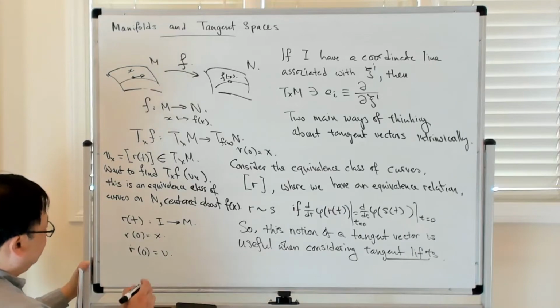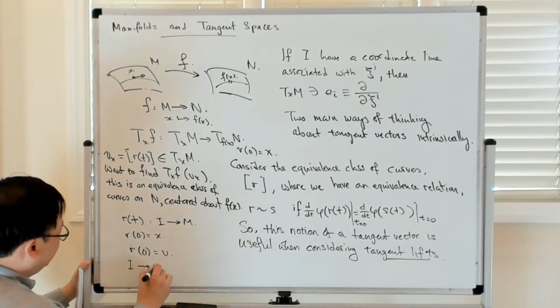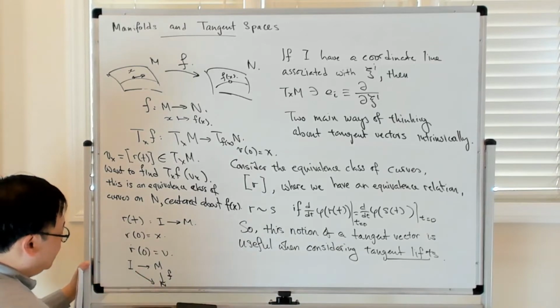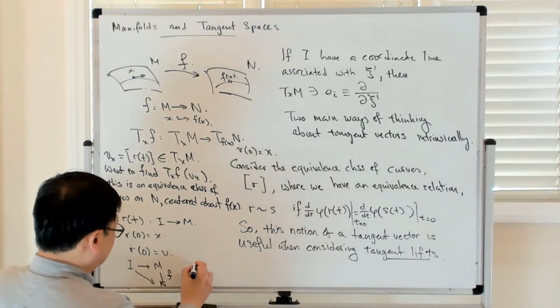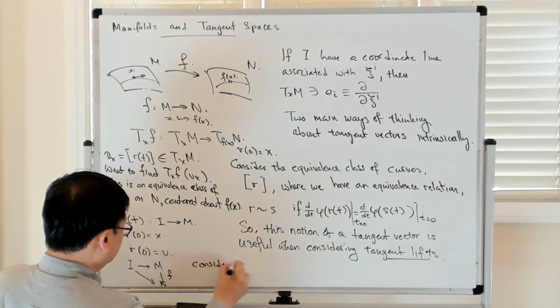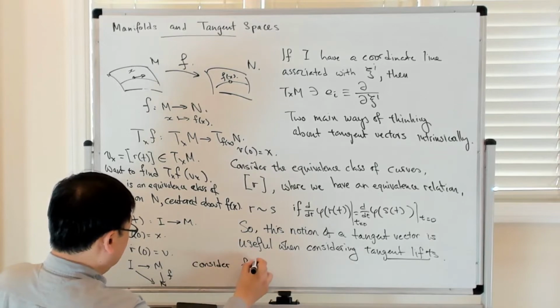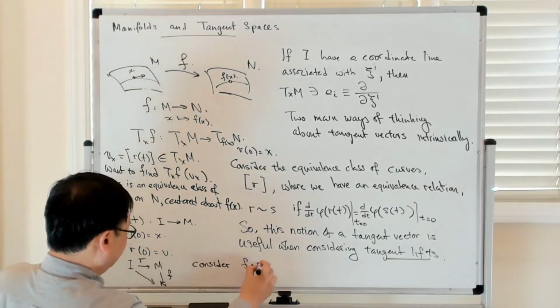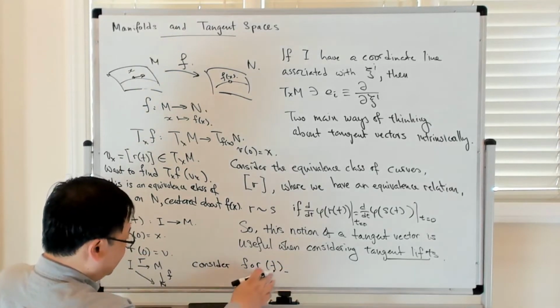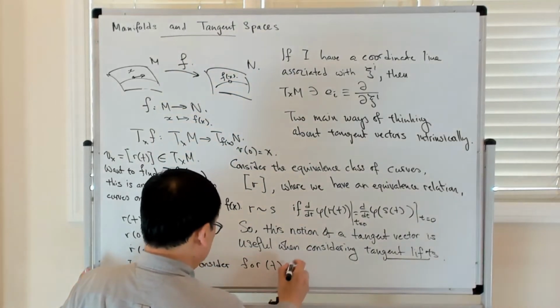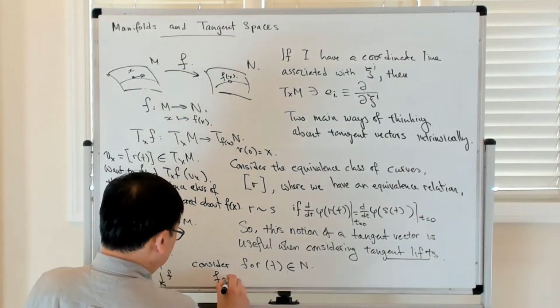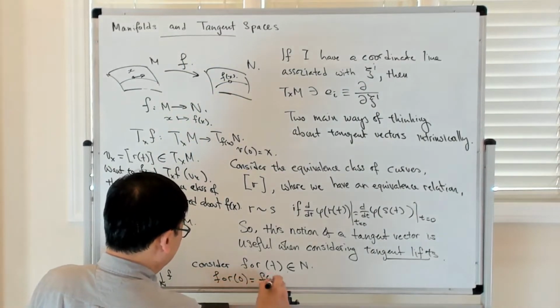If you have a map from I to M, and I also have a map from M to N, which is f, I can look at the map from I to N by looking at the composition. So I can consider f composed with this curve r, which is now parametrized by t, and this is in N. You can easily check that f composed with r at 0 is just f of x.